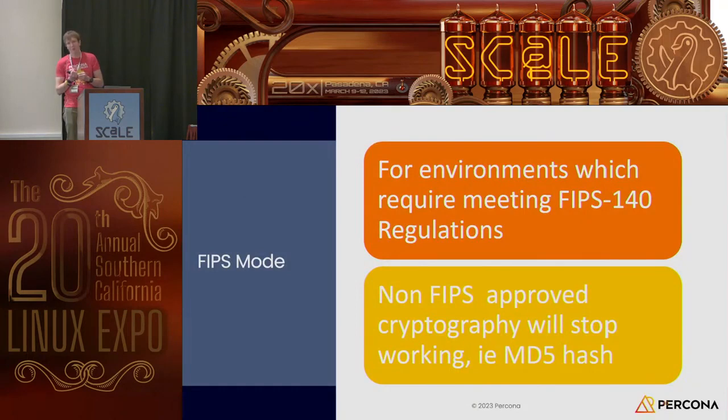FIPS mode, that is another new thing in MySQL 8, which is maybe usable for highly secure environments, right? What that does is security features which are not FIPS compatible will stop working. So for example, you won't be able to create an MD5 hash anymore, right?